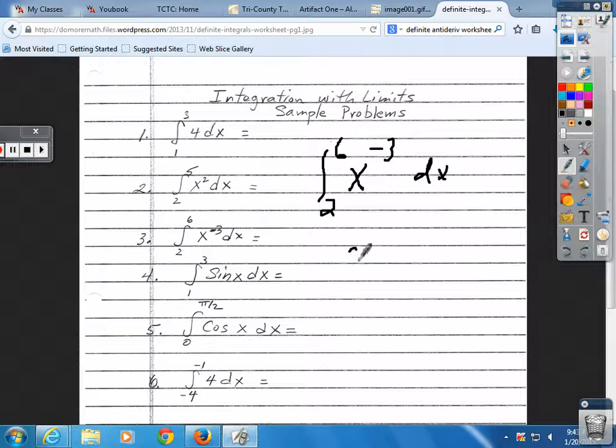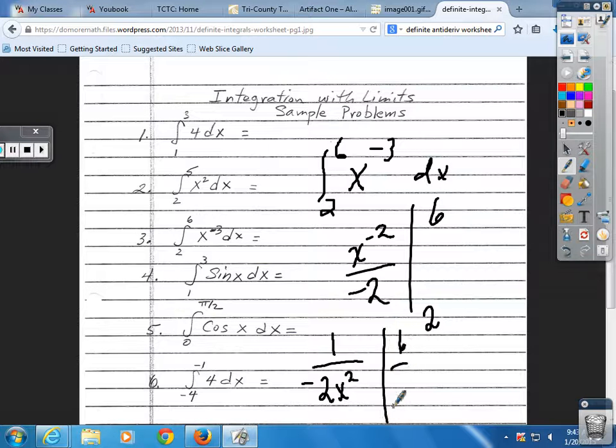All right, x to the -2 over what? Evaluated at 2 and 6. Well, we're going to plug in that 6 there, or we're going to move that. I'm going to move it, because if you plug the 6 in right here and the 2 in right here, then you'll go into Patrick Starfish and just stare at it. Don't do that. 1 over 2x squared, evaluated at 6 and 2.